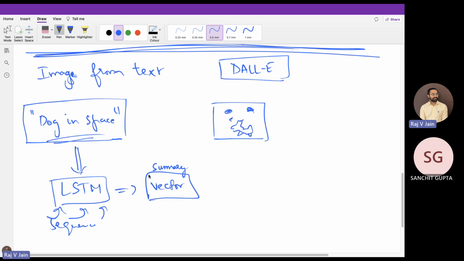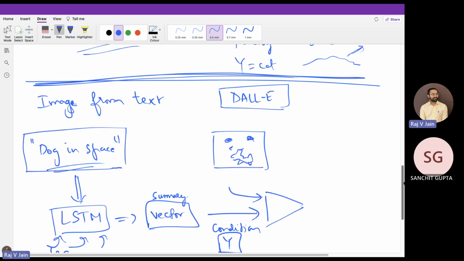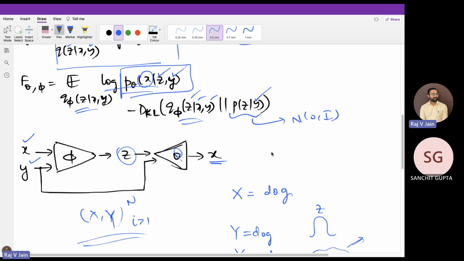Now, this summary vector is fed into your decoder as your condition. So this y becomes a condition to the decoder. How will you sample here? You only have y with you.